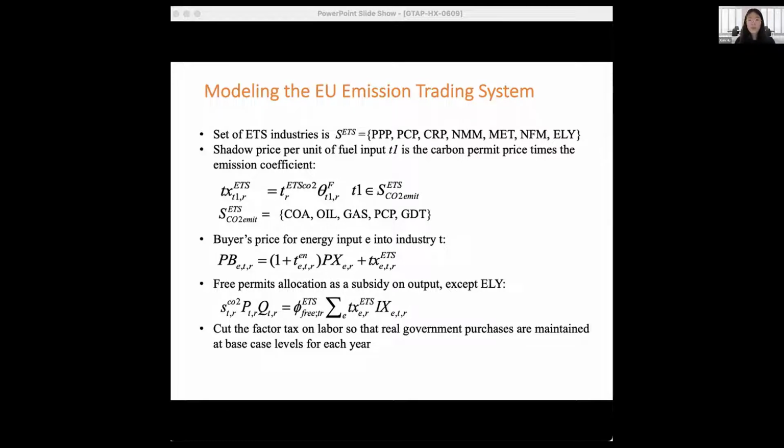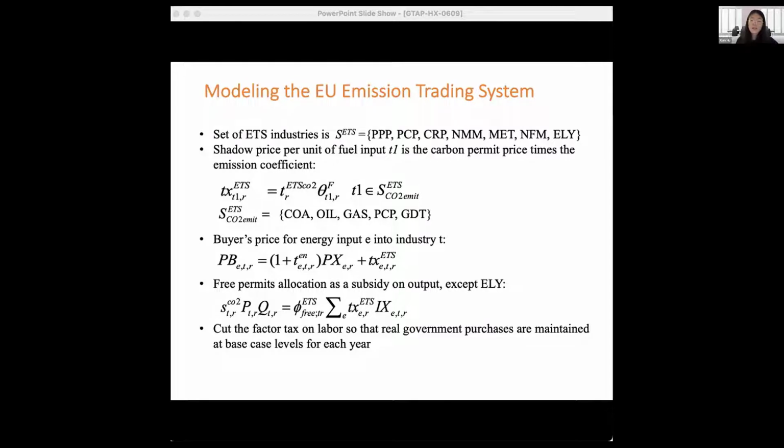And as we mentioned before, the ETS sectors will get some quota of permits for free. So we represent this allocation as a subsidy on output. But the electricity sector is not allocated any free permits, which means the electricity price will incorporate the carbon price fully.